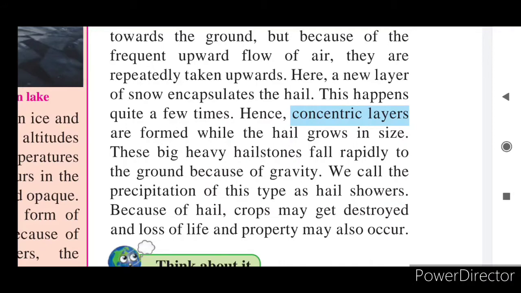So here it is said that heavy hails are falling on the earth because of gravity, and those hails are, as I told you, of different sizes. Some hails are very big and some hails are small. And when those hails hit the earth, the force is very high. So due to that, crops may fail, or many times there is loss of life and property also.